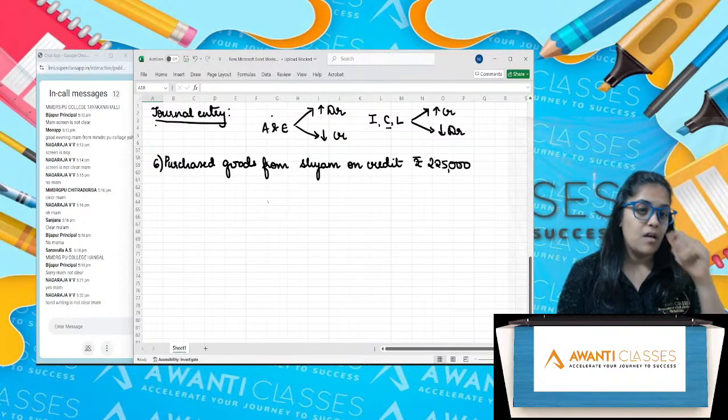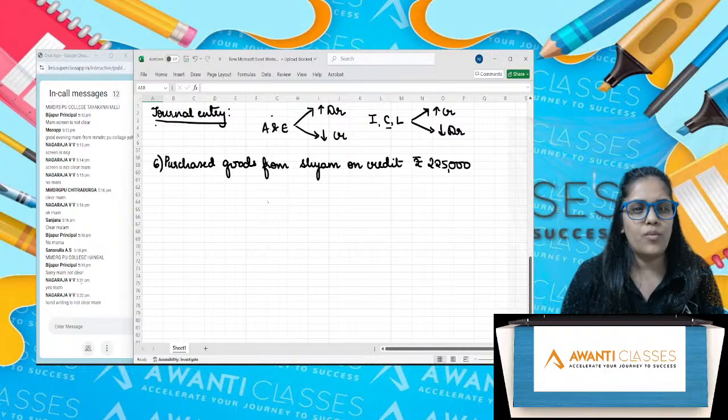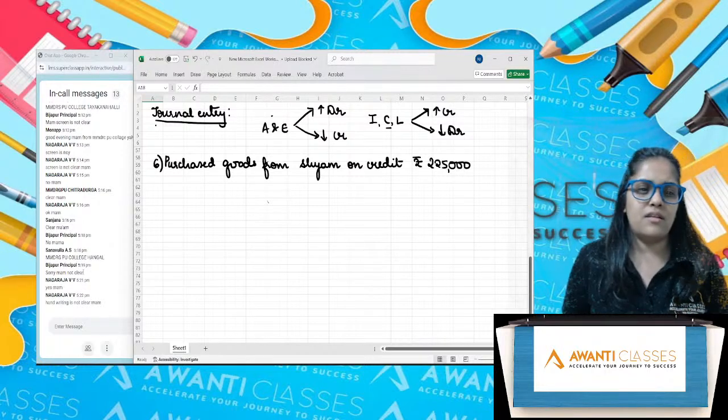Okay. Can others also mention? For everybody, the screen is not clear. Two centers have mentioned that the screen and handwriting is not clear.